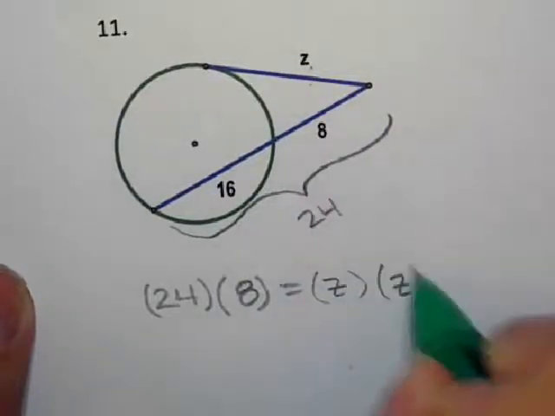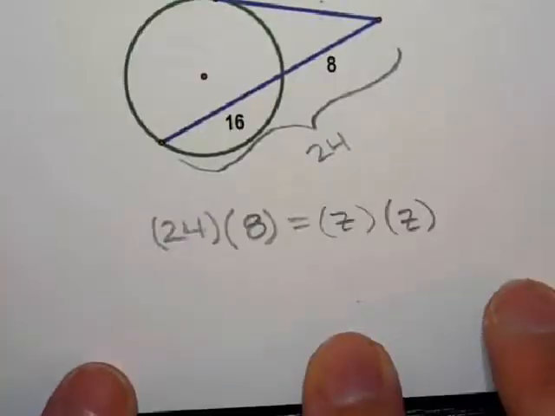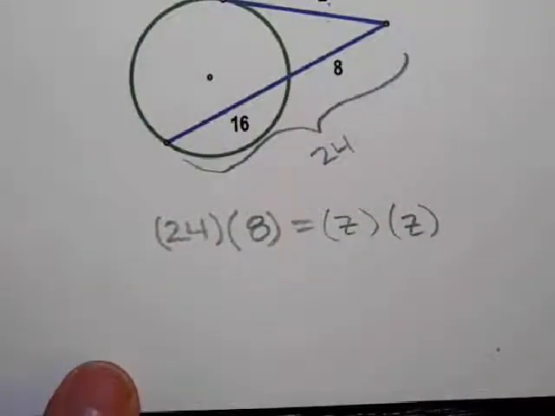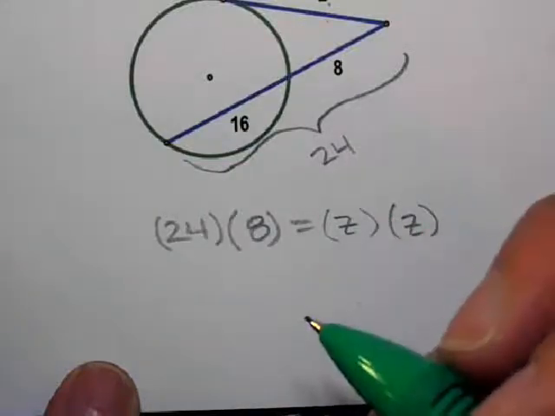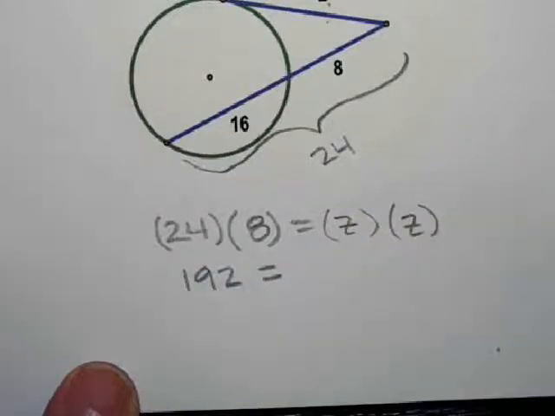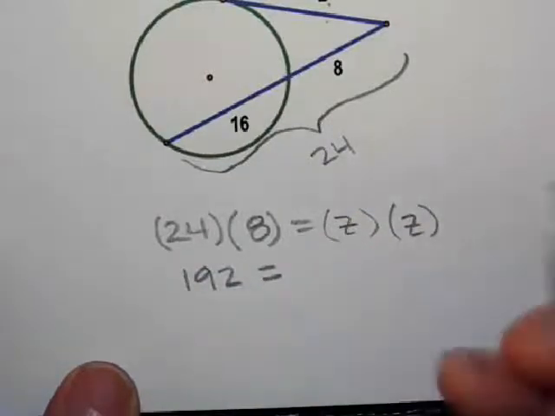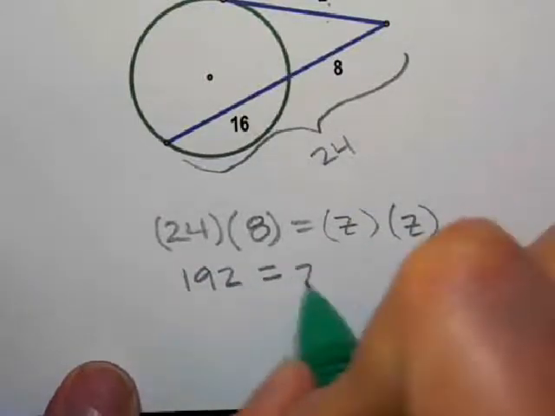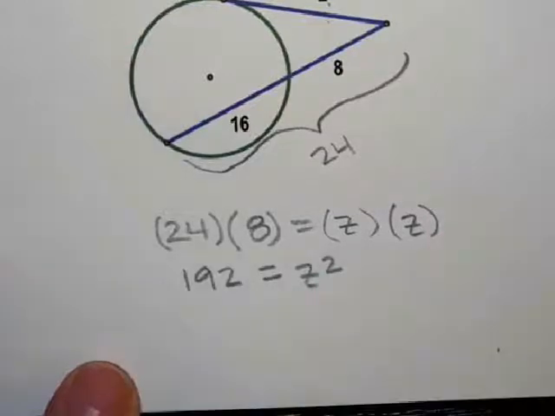Okay, so 24 times 8. Okay, 192. What's z times z? Z squared. Okay. And then what do we do to solve for z squared?